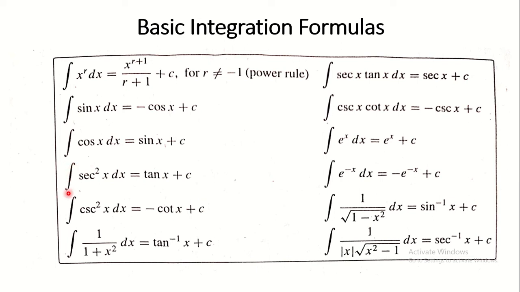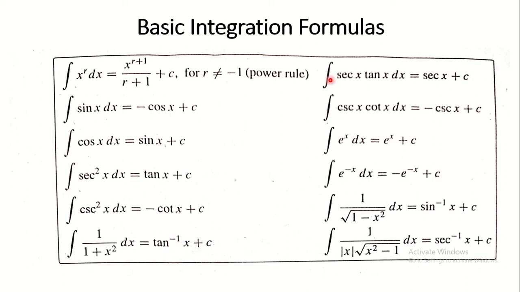The indefinite integral of secant square x with respect to x is equal to tangent x plus c. The indefinite integral of cosecant square x with respect to x is equal to negative cotangent x plus c. The indefinite integral of 1 over 1 plus x squared with respect to x is equal to tangent raised to negative 1 x plus c.